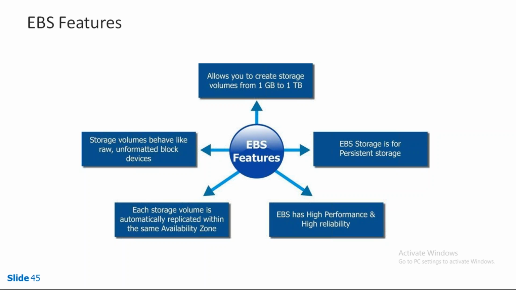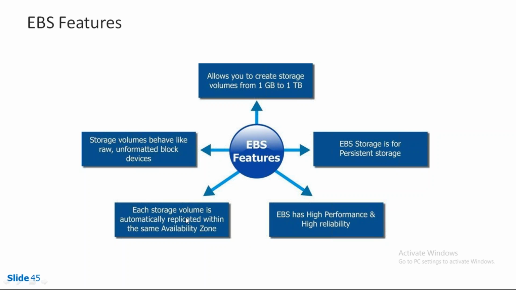Then EBS features. The first one, it allows you to create storage volumes from 1 gigabyte to 16,384 gigabytes of space. Then EBS storage is for persistent storage. You can have high availability. Then EBS has high performance and high reliability.